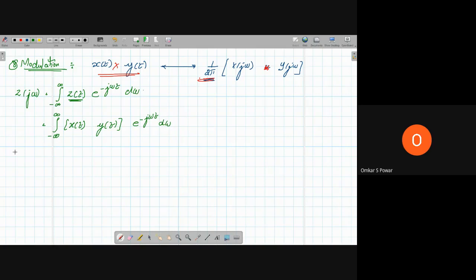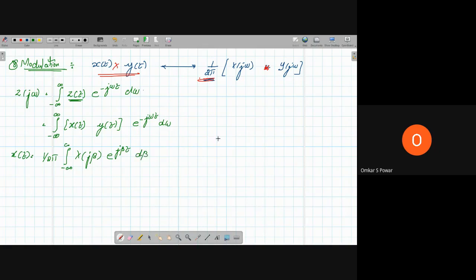Now what do we have? x of t is equal to 1 by 2 pi times the integral from minus infinity to infinity of X of, instead of omega, I will take beta here, otherwise it will confuse us. So instead of omega, I'm taking beta here, e power j beta t into d beta.